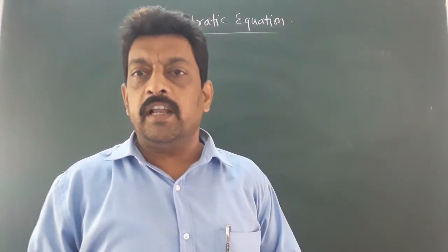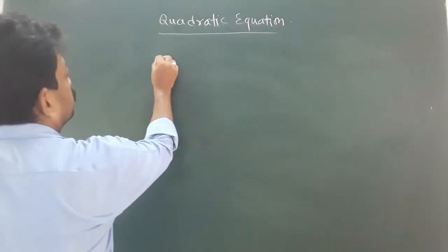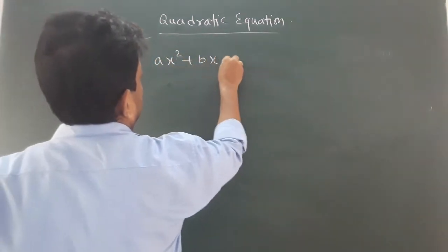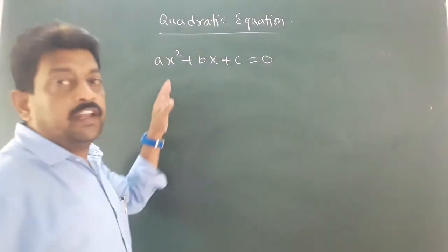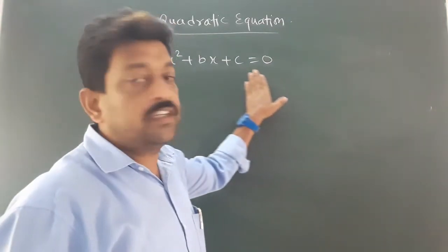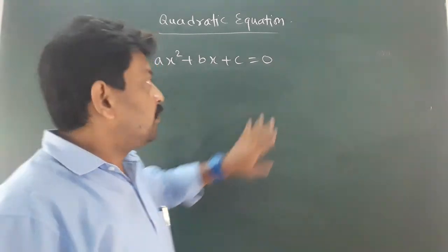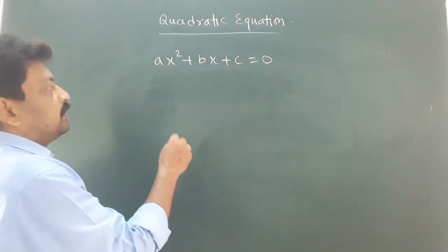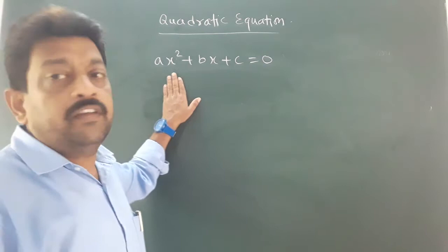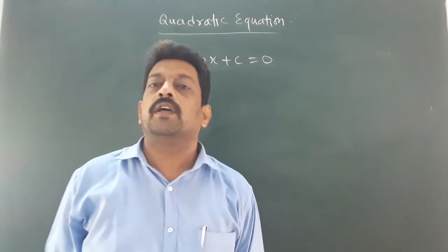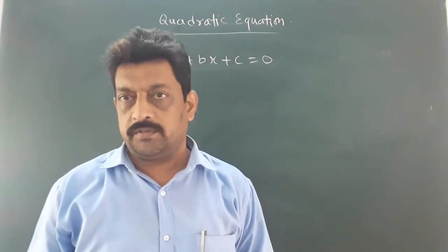So if any real value of x satisfies this equation, ax² + bx + c = 0, then that real value is known as a root of the equation. If that real value is a solution of the equation, we call it a root of the equation.